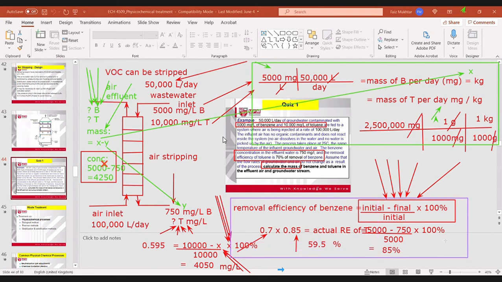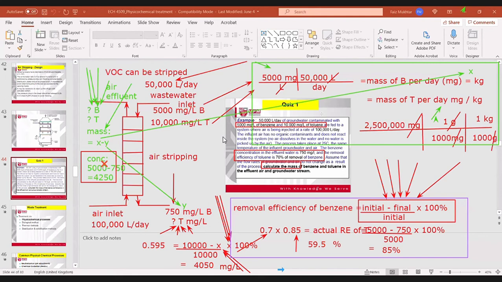This part, quite a number had trouble. What does efficiency mean? Having trouble with this meaning, and some of them used 70% as the removal of toluene instead of calculating in this way.